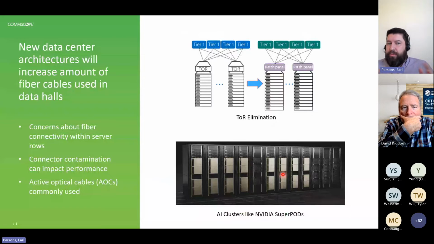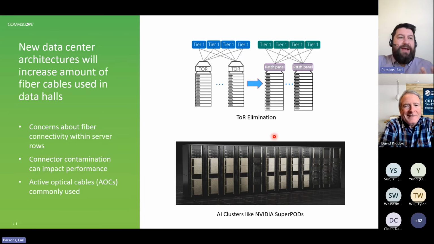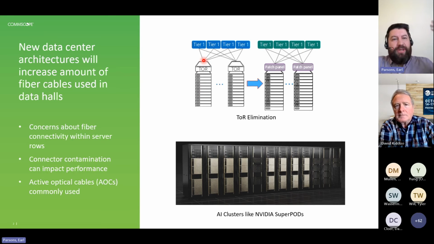Yeah, so that's a really interesting question. And I think you'll get different answers depending on who you're talking to. A lot of these large hyperscale and cloud scale data centers all do things a little bit differently. But in my view, we'll still see applications like this where we have a top of rack switch and regular servers, just CPU, not GPU based servers, connected with copper cables and then fiber to the higher level switches.